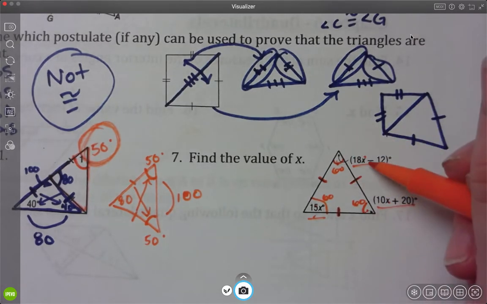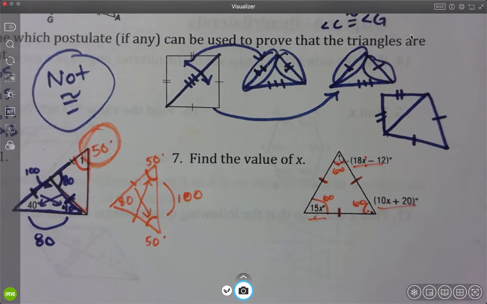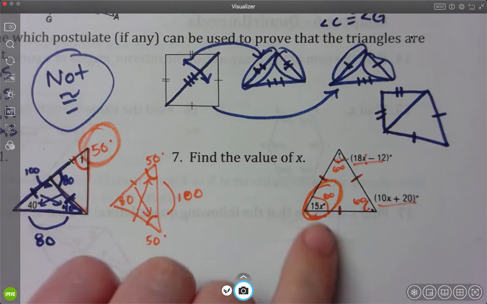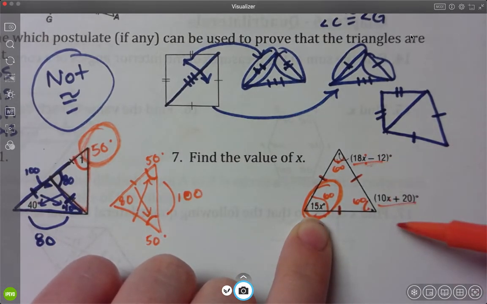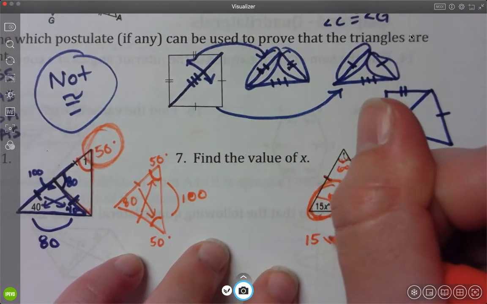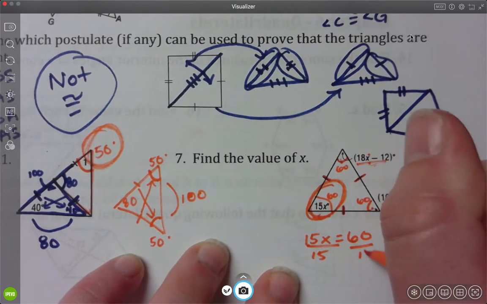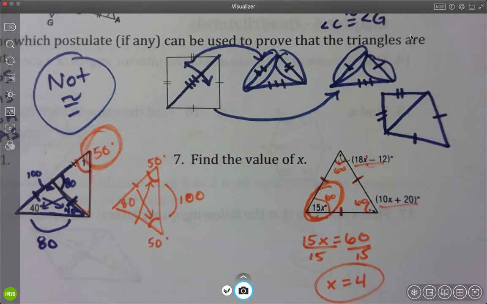Why not just set one of them equal to 60 degrees? Each one of them is equal to 60 degrees. So I want to use this part right here, because 15x is the smallest one. I want to use 18x minus 12 and 10x plus 20 when I can use 15x. I can say that 15x has to be equal to 60, and just divide by 15, and x is going to be 4. Find the value of x is 4.